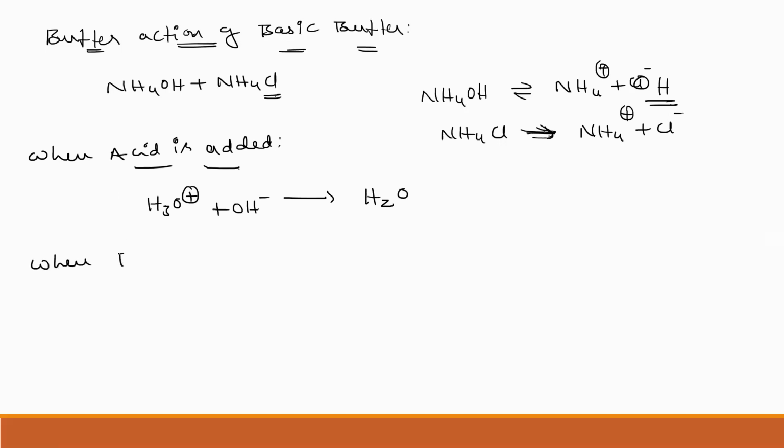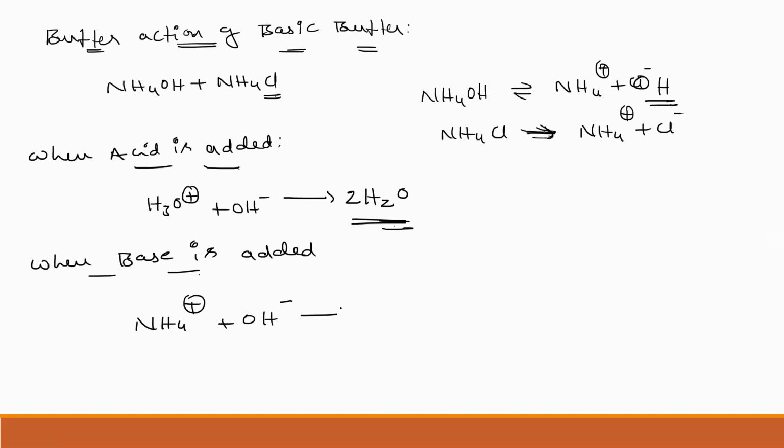Okay, so when base is added, as the H2O is formed, because of this the pH remains constant. Whenever base is added, here we have ammonium ion. So the OH minus of the base combines with ammonium to form ammonium hydroxide, which is a weak base. So the pH of the solution remains the same.